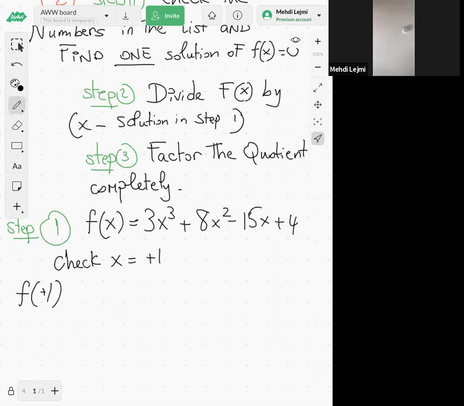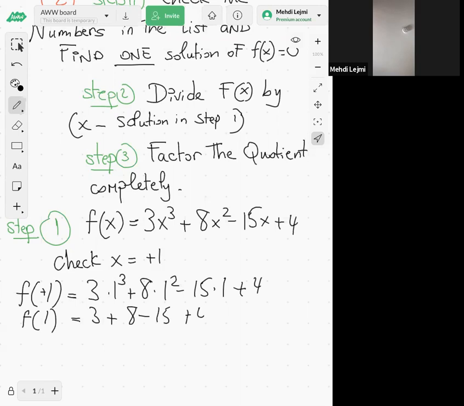So that's 3 times 1 cubed plus 8 times 1 squared minus 15 times 1 plus 4. So this is f of 1. 3 plus 8 minus 15 plus 4. So that's 11 minus 15, that's negative 4 plus 4, and that's 0.